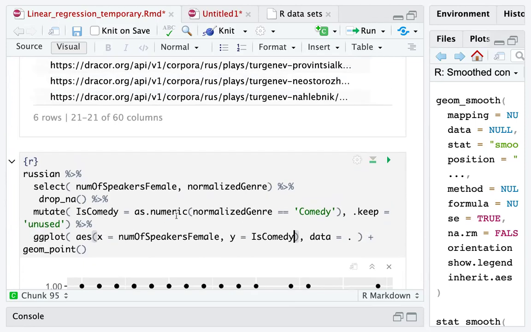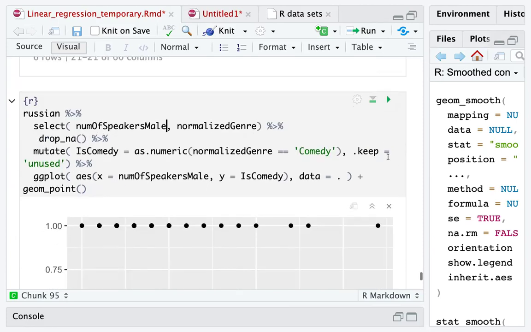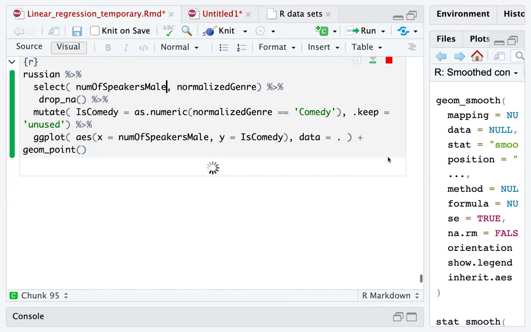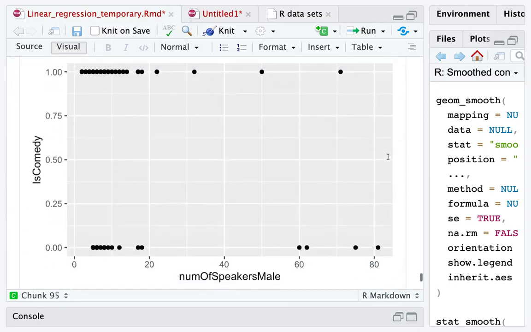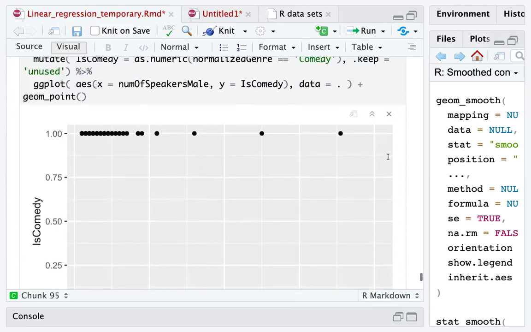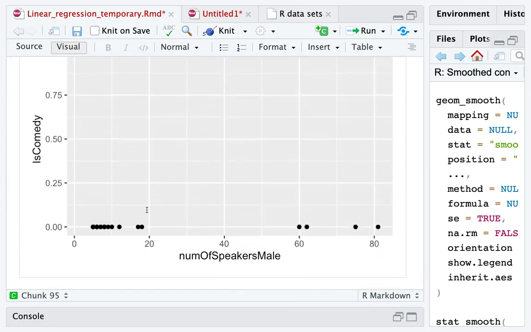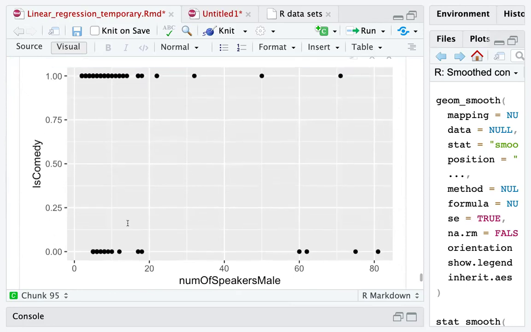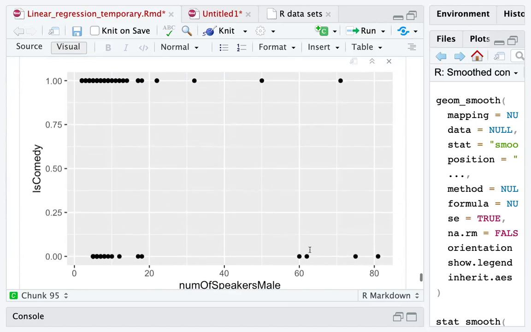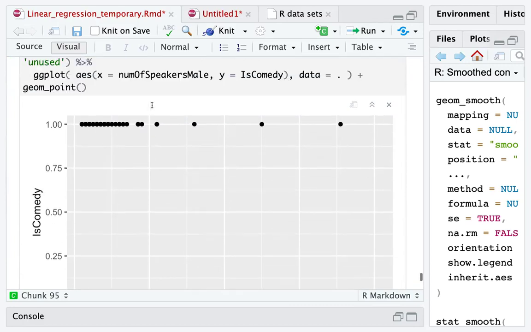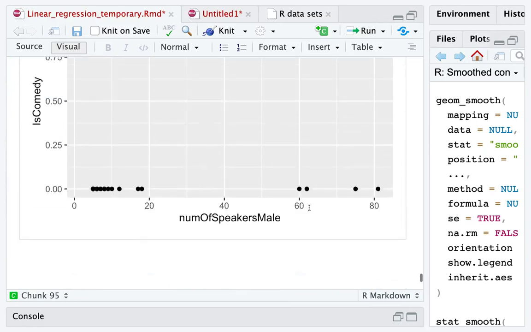Even here it is not so. So if it is a comedy, or if it is a tragedy, doesn't seem to matter for the number of speakers.